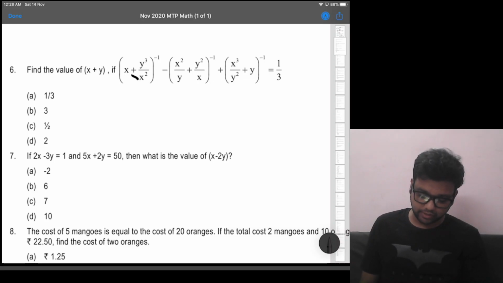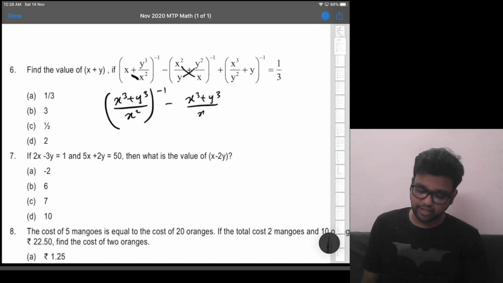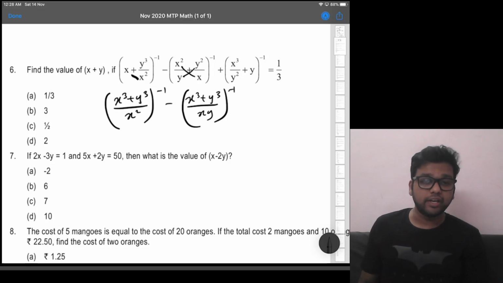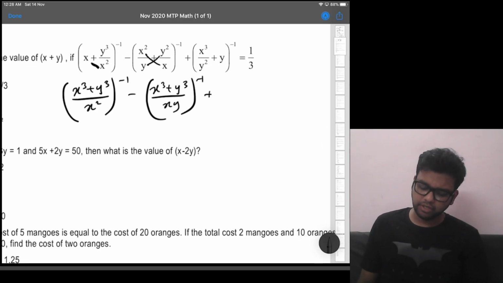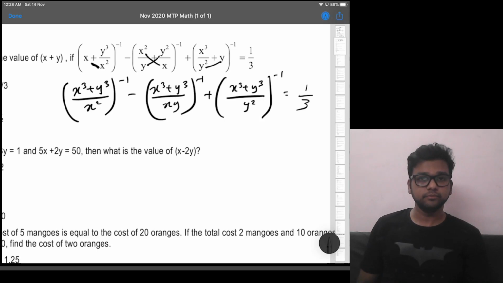So x into x square is x cube, plus y cube upon x square, raised to minus 1, minus, again if we take LCM, it will be x square into x, that is x cube plus y cube upon xy, raised to minus 1, and plus x cube plus y cube upon y square raised to minus 1 is equal to 1 by 3.